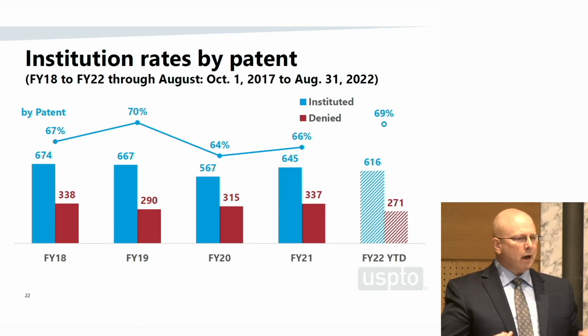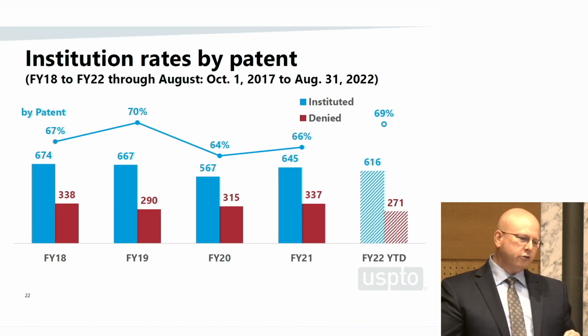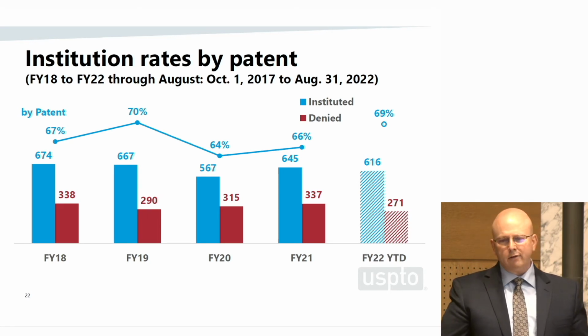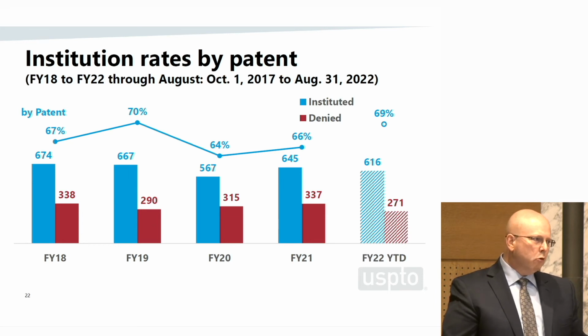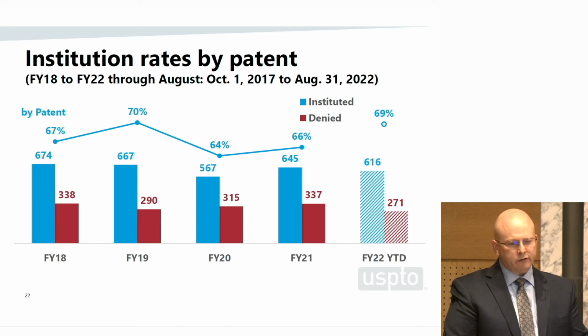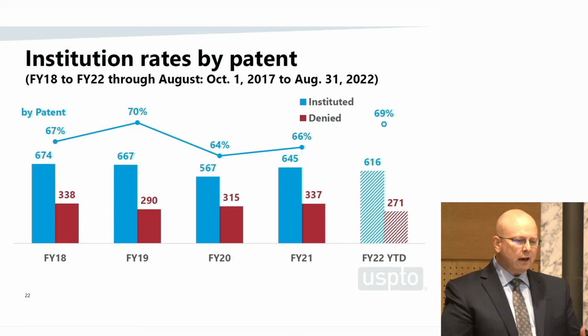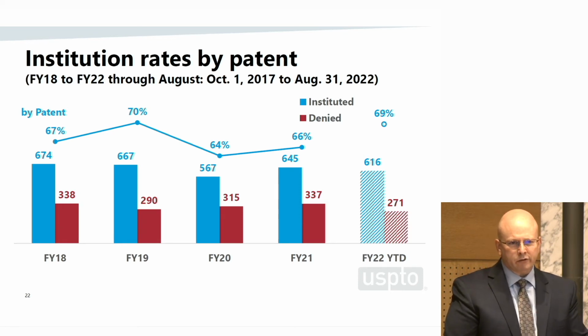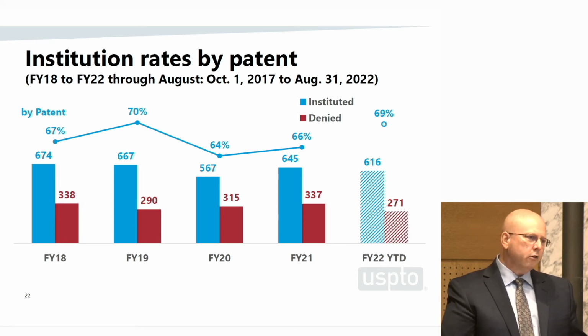This is if you count by patents. There's a couple of different ways to count. You can count by petition, or because it's possible to submit more than one petition challenging a patent, you can also just count by patent. You see that the institution rates are similar, although slightly higher if you count by patent, which isn't surprising because, again, there can be more than one challenge.